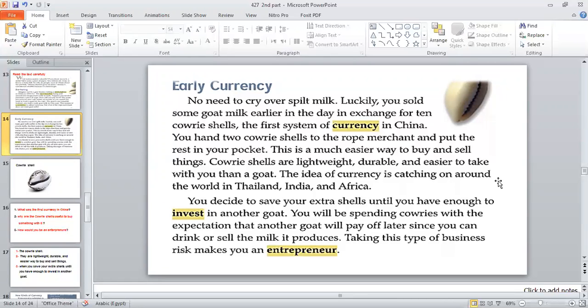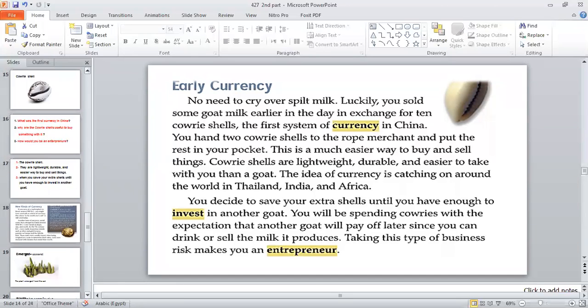With water or milk? Milk. Yeah, the milk from the goats. And after some years, we have a new option for currency, which was the cowrie shell. Now we'll move to the third kind of money.